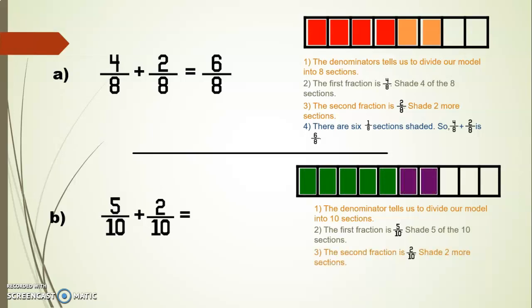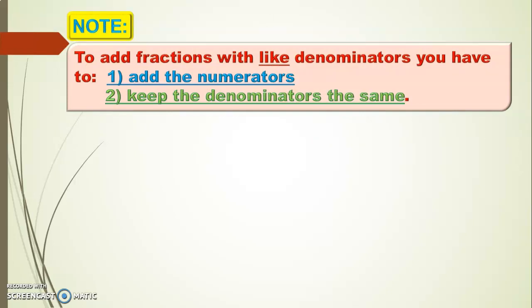I'll shade 2 more sections. There are 7 one-tenth sections shaded, so 5 over 10 plus 2 over 10 is 7 over 10. So we have to remember that to add fractions with like denominators, you have to add the numerators together and keep the denominators the same.